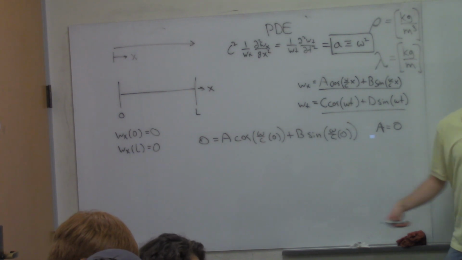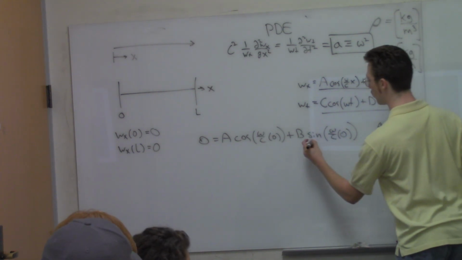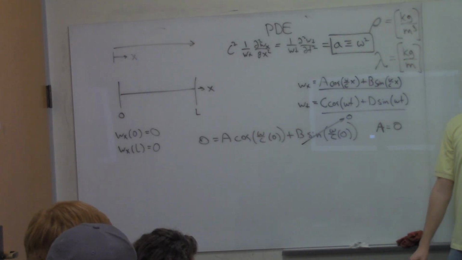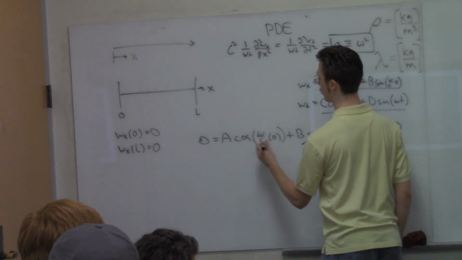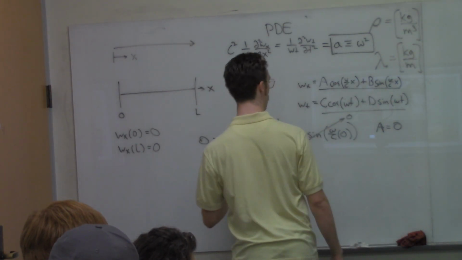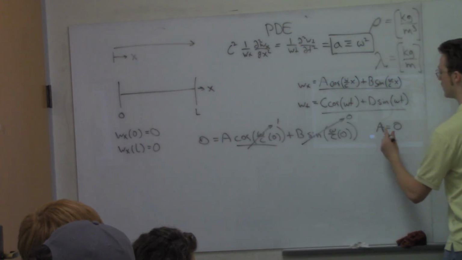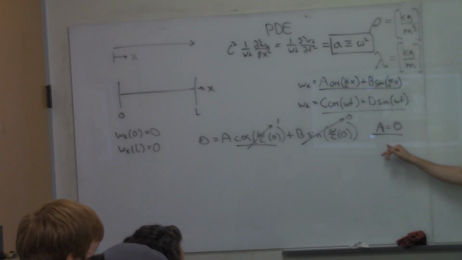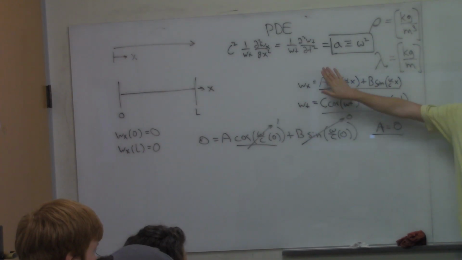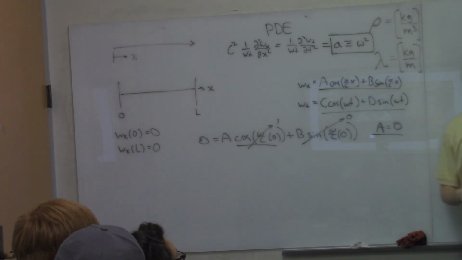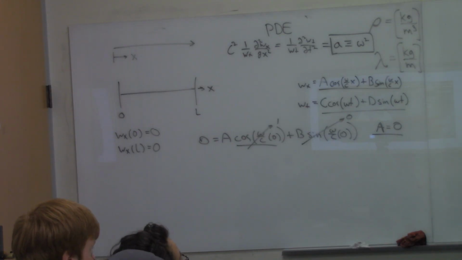Sine of 0 is 0. Therefore, this whole term is 0. Cosine of 0 is equal to 1, so this whole term evaluates to 1. All we're left with is A equals 0. And if A equals 0 with this boundary condition, that means this whole term is not present in our solution. So this thing is only dependent on some type of sine.